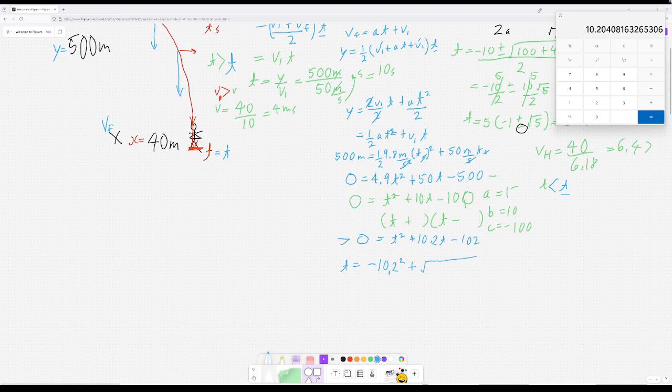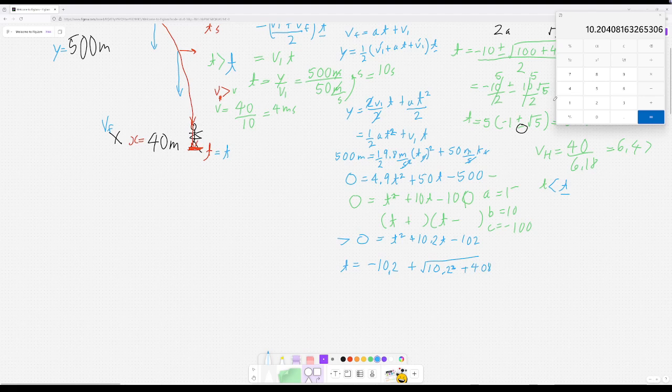So let's just work this out a little bit more. Oh, sorry, there's no square root there, because that was done later. 10.2 squared. And here we got minus 4 times minus 104, which becomes plus 408.